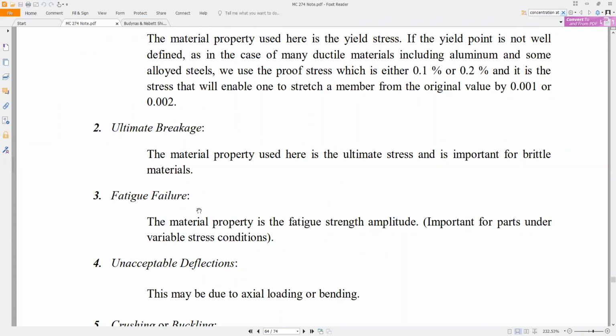It's applied and it's released. Or we can have load that is reversed, okay, continuously, but it's reversed in amplitude. All right, so what happens is that it's going to subject the material to fatigue, and that may cause the material to fail or to break off due to that fatigue.